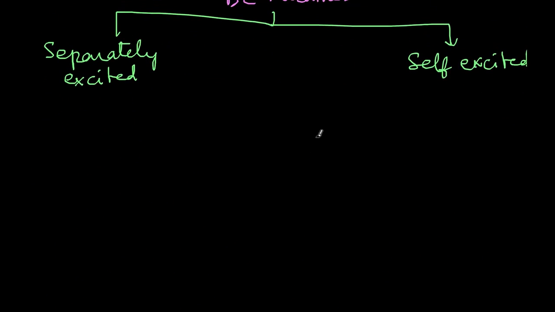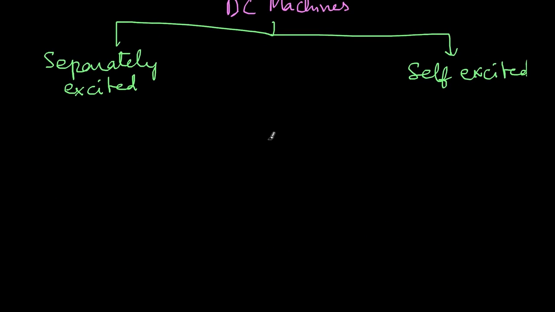So separately excited, how does it look like? The separately excited looks like this. So there is a magnetic field, DC voltage supply. There could be a variable resistance here. So this is the field winding denoted as F and FF. F is the starting part of the field winding and FF is the ending part of the field winding.